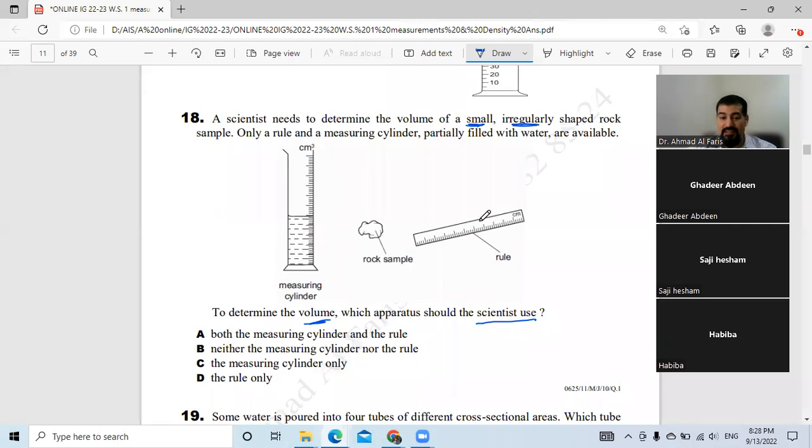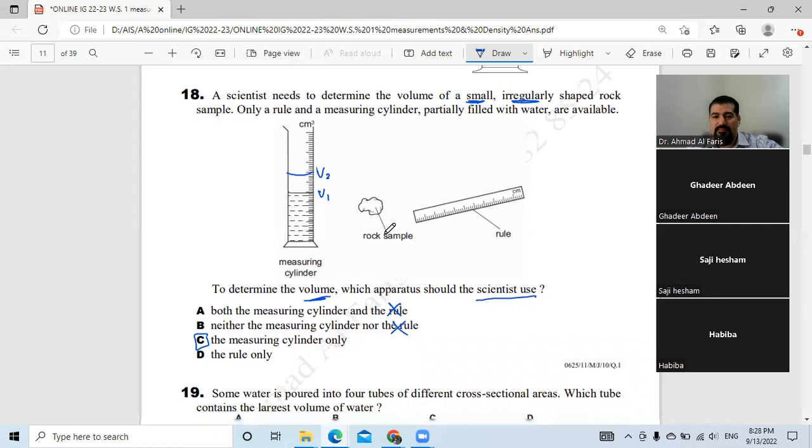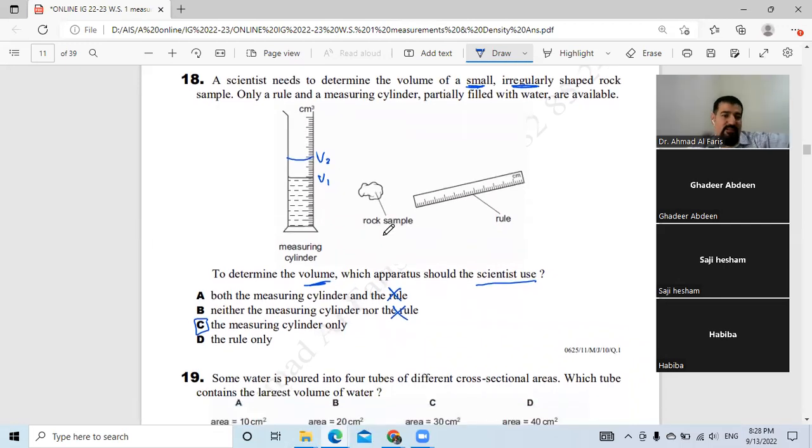Of course not. So I can't use the ruler. I will use only the measuring cylinder. I put it in, and I will see how much the liquid level goes up. I will take the reading first, the reading second, then what? Of course, I will subtract the volumes. Excellent. Thank you, Aya, Huda, Tina, and Muhammad.